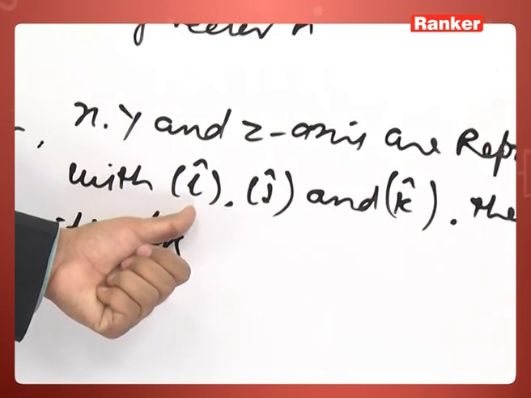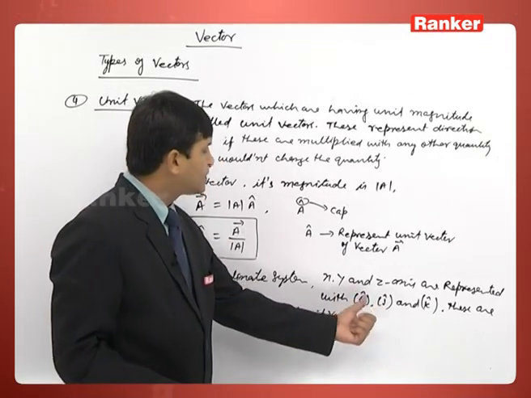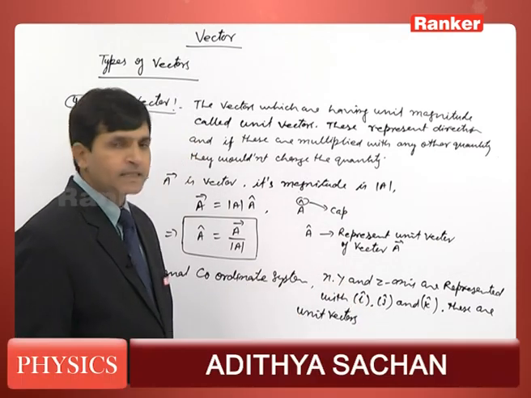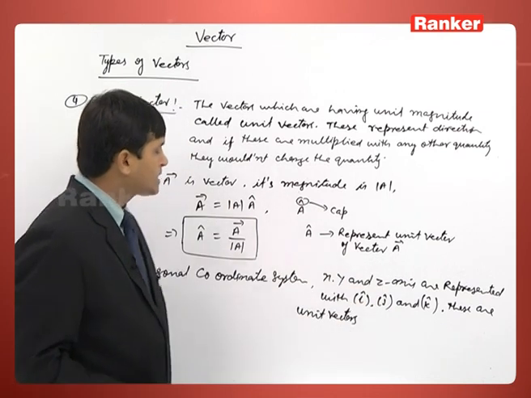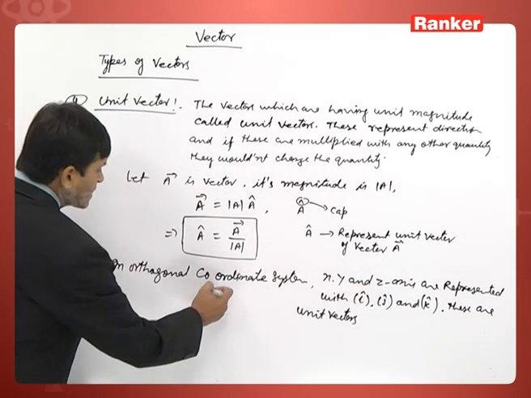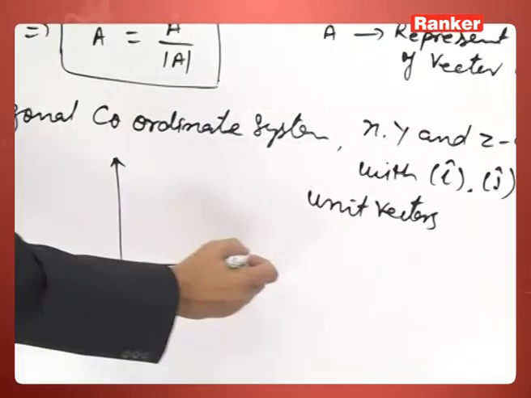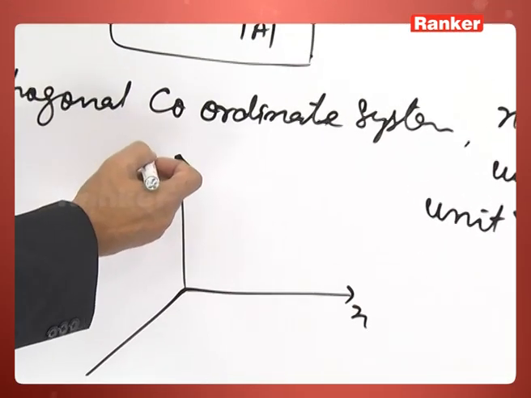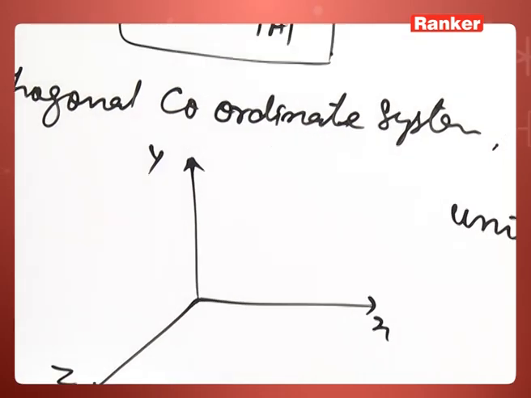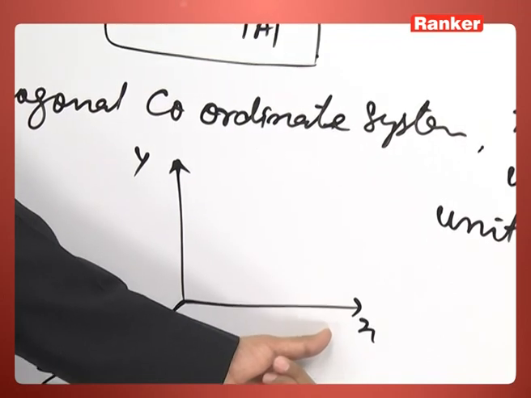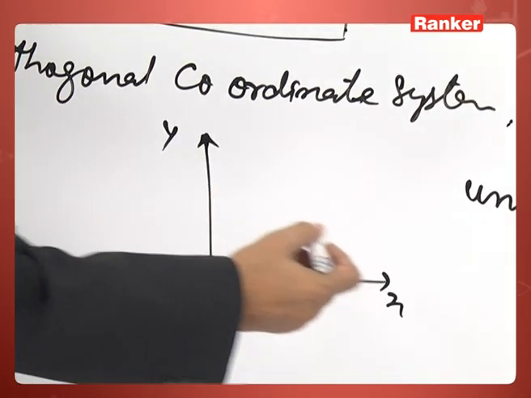So, i cap represents the x axis direction, j cap represents the y axis direction and k cap represents the z axis direction. That is why in our orthogonal unit vectors, this is your x axis, y axis and z axis. If any particle is moving along the x axis, how do we represent that?